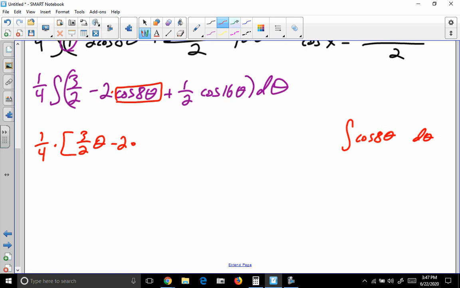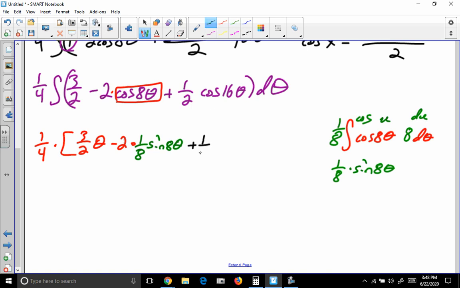So if this is u, then du would be 8 d theta. So we would need an 8 here and a 1 over 8 there. So that would make that cosine u, that would make that du. And remember what cosine integrates into, that integrates into sine of u. So when we integrate cosine of 8 theta, we get 1/8 sine of 8 theta.